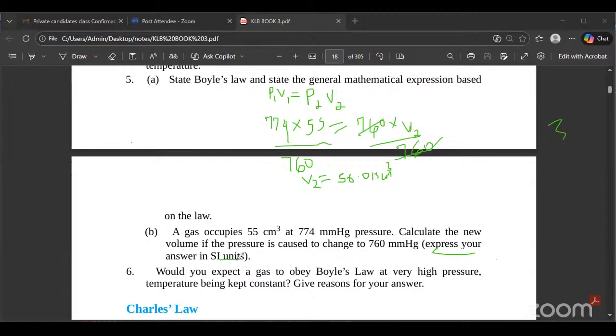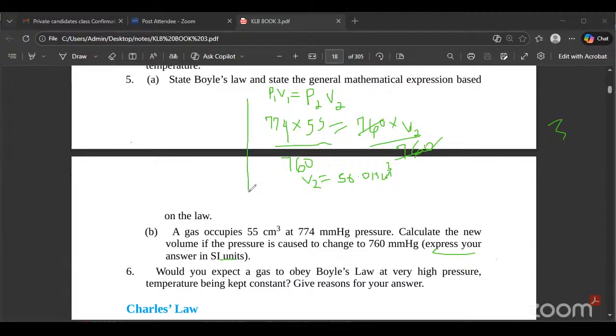It was mentioned, I think, in Form 1, in other subjects. I think physics is where we mention the SI units a lot more than the other subjects. Does anyone have an idea what the SI units of volume is?